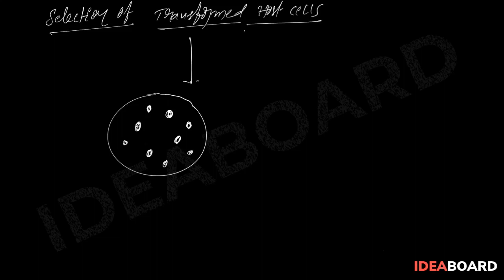In the tetracycline medium, only non-recombinant bacteria can survive since they have both tetracycline and ampicillin resistance genes. But bacteria having recombinant DNA can survive only in ampicillin medium. Because of the introduction of foreign DNA in place of the tetracycline region, they lost the ability to gain resistance against tetracycline.